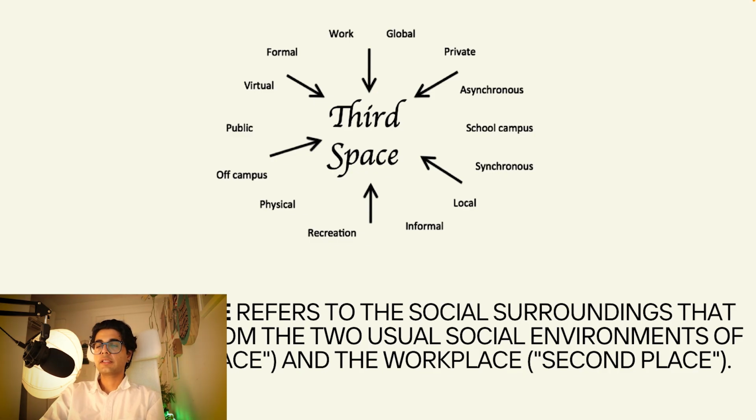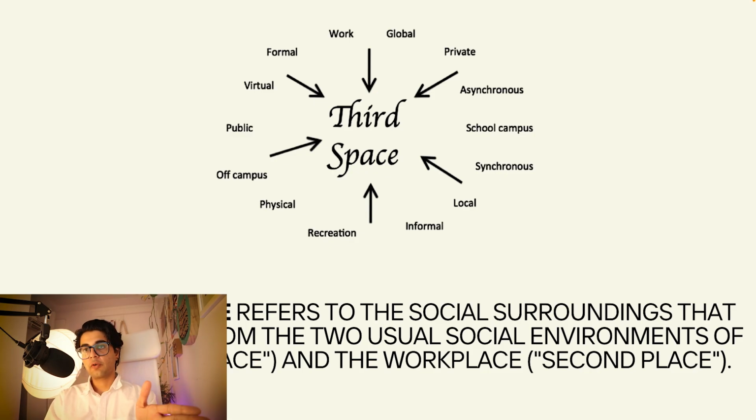All right, now this brings our conversation of visual culture into the third space. So, third place, not space, refers to the social surroundings that are separate from our two usual social environments. Number one, home, that's your first place, and the workplace, that's your second place. The workplace, for people who are students right now, could be your university campus, or for someone who is gainfully employed, it could be a workspace.